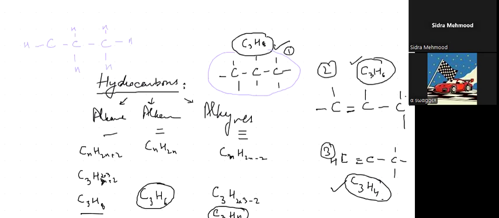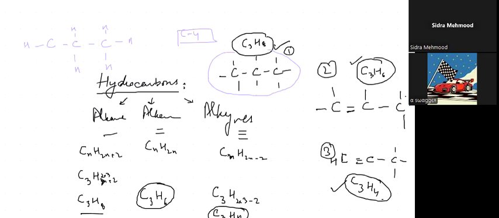You must know that the valency of carbon is 4. Previously, when we were discussing graphite and diamond, we learned that diamond has a tetrahedral structure. Tetra means it has 4 bonds. So every time, 4 bonds should be satisfied with carbon: one, two, three, 4.